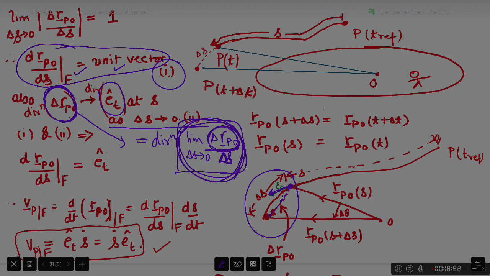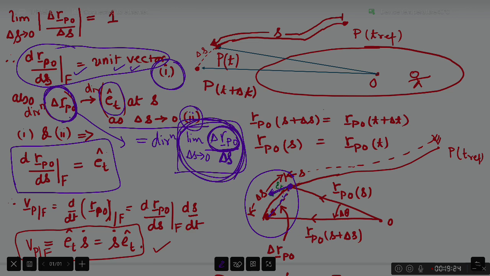And that is my second conclusion, that the direction of delta RPO by delta S should be the same as ET. Combining this conclusion and the first conclusion about the magnitude of the vector, this vector DRPO ds with respect to F should be nothing but the local tangent vector of the trajectory.